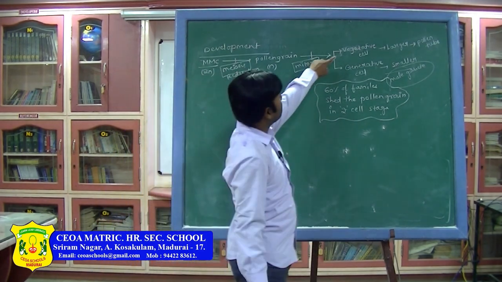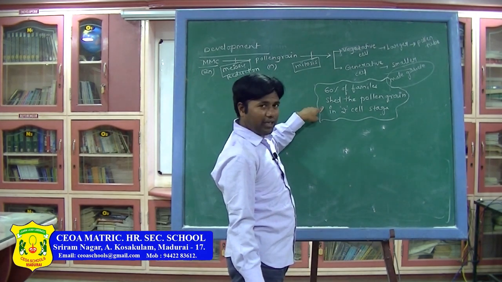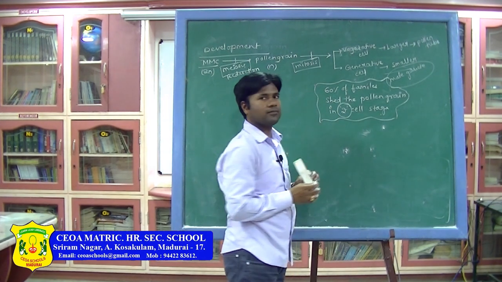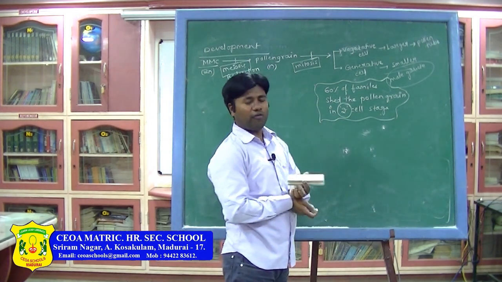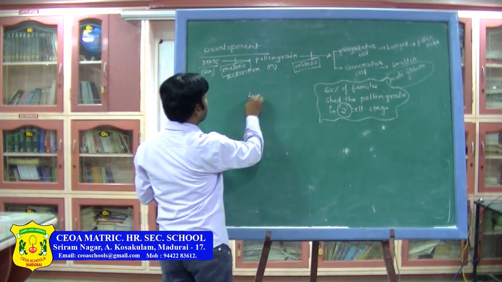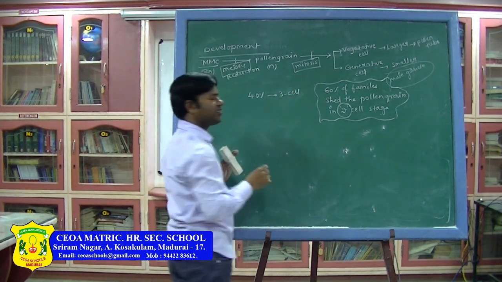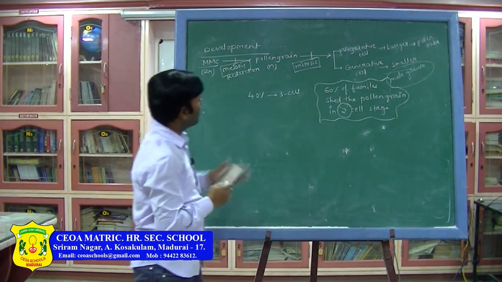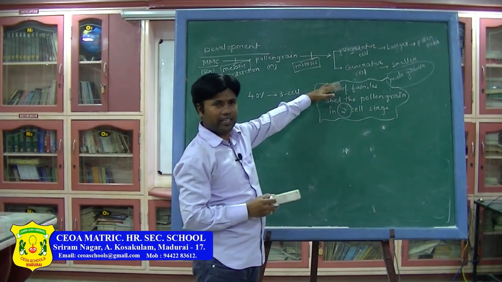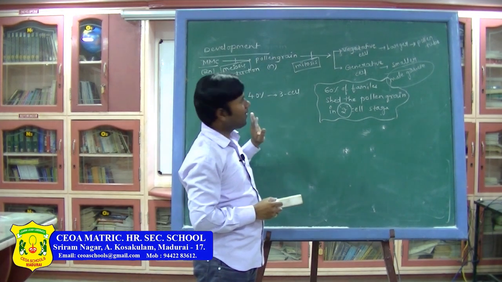One is a vegetative cell, another is a generative cell. So 60% of the families are shedding the pollen grain in the 2-cell stage only. Then the remaining 40% of the families, 40% are shedding in the 3-cell stage. I have not yet explained regarding the 40% of the families. Now let us see.